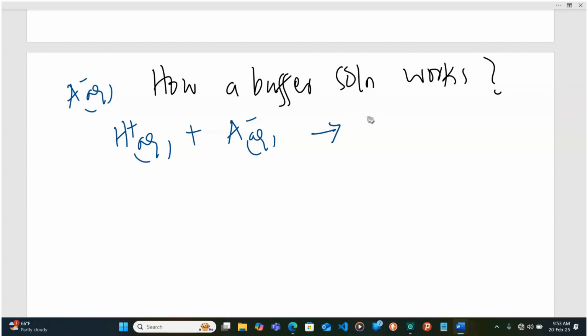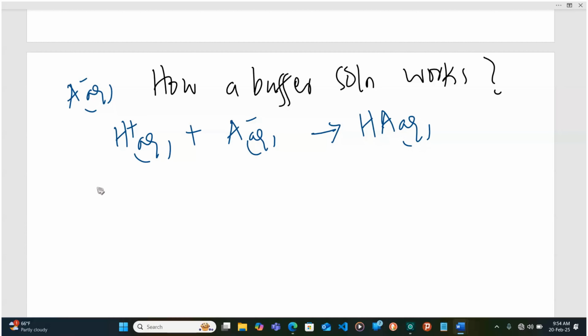So this forms HA. You realize that if you have added the acid, the base is neutralizing the acid, and that means you are going to have more of the base reacting with the acid. What is formed is still weakly acidic, meaning that the solution pH has not changed at all.